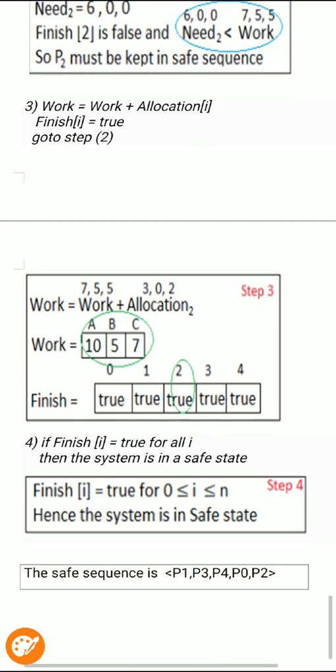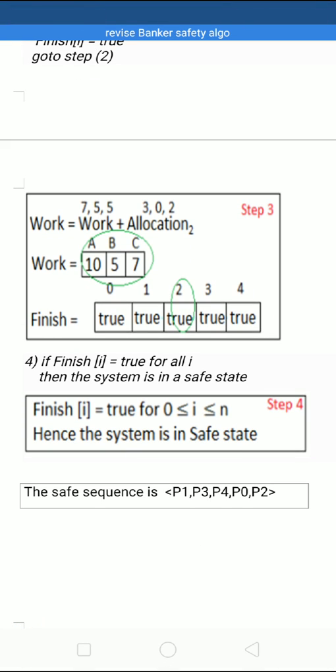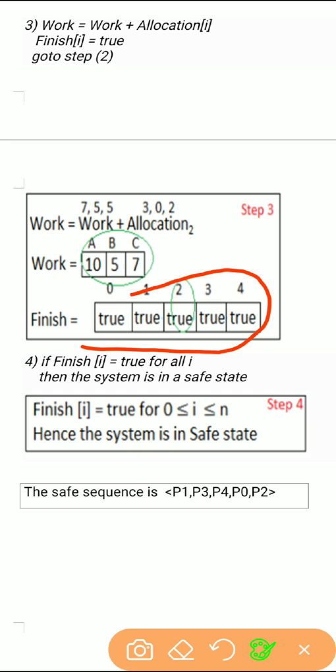After that, we check in the finish array whether all the processes have completed their execution, to terminate our safety algorithm, and at the end we get the safe sequence.